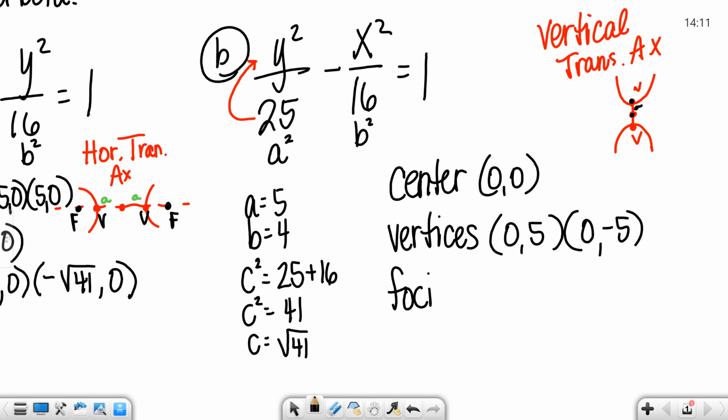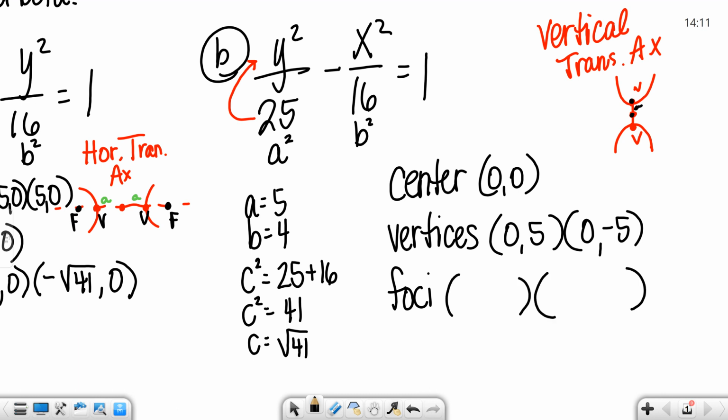The other one I go down 5, so 0, negative 5. Notice the difference in the vertices we found on answer B and on answer A. They are completely different, even though they use the same value 5. They are completely different spots. So if you get this wrong, you get nothing for it, because it means your hyperbola is not even going the right direction.